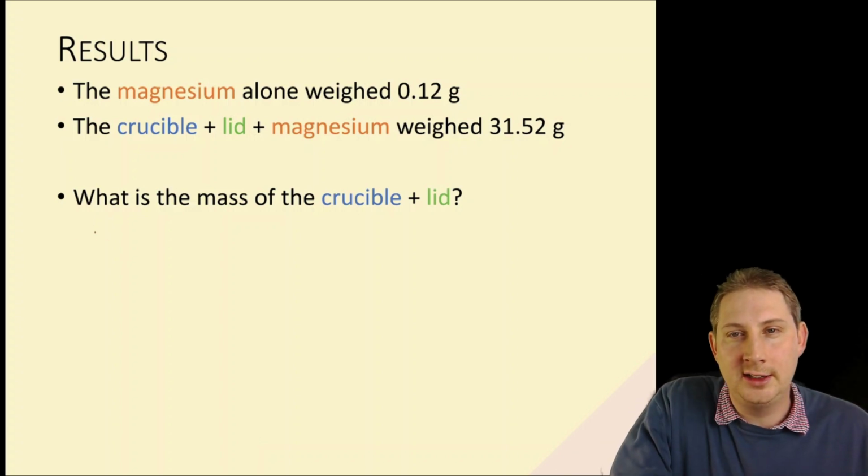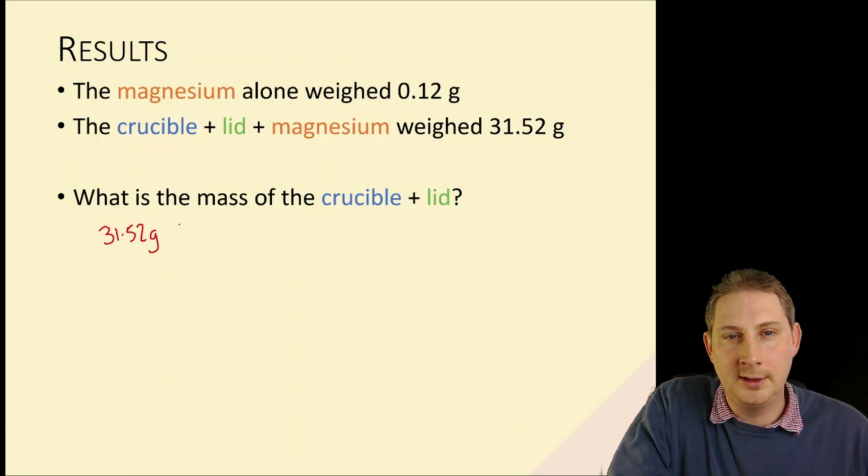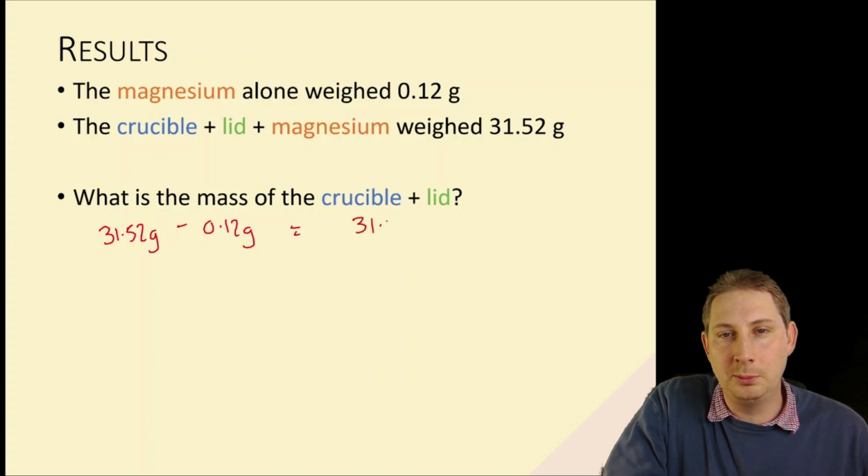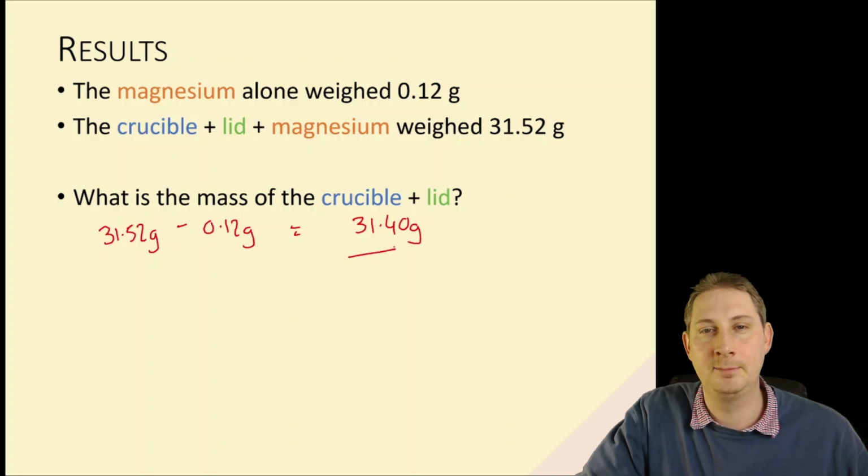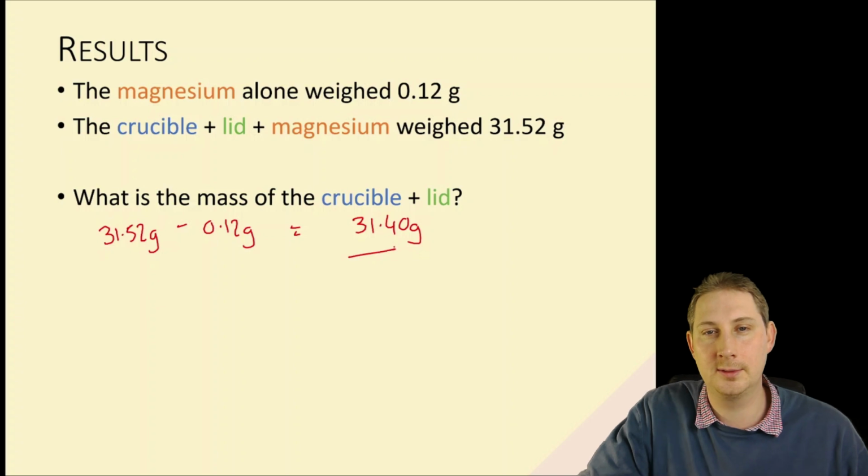Well, hopefully you've realised that it's 31.52 grams minus 0.12 grams, which equals 31.40 grams. Now we could have weighed that directly, but we forgot to do that at the start. Nevertheless, we could work it out. So the crucible and lid weighed 31.4 grams.